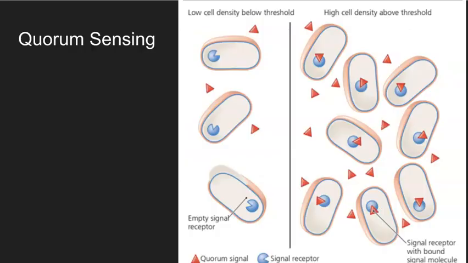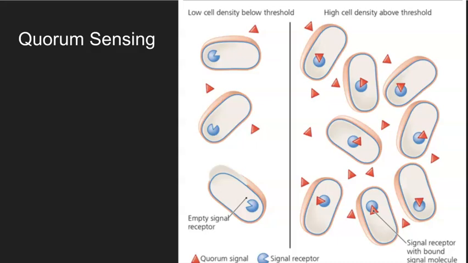Touching on quorum sensing a little bit more, I really liked this picture from the book, and it was easy to look at and understand a little bit more. Quorum sensing is defined as a microorganism's response to the density of nearby microorganisms. Microbes are able to secrete the quorum sensing molecules, as you can see from the red triangles, and that can help communicate the number and types of cells among that biofilm.